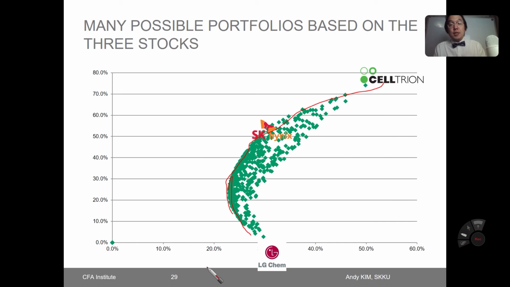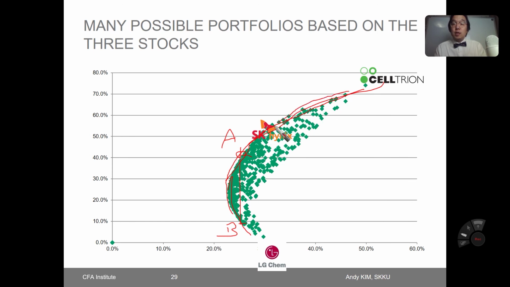Why is it efficient? For the same level of risk, it gives me a better return than the line over here. This part is efficient. For the same level of risk, this part A gives me a better expected return than B. Make sense?